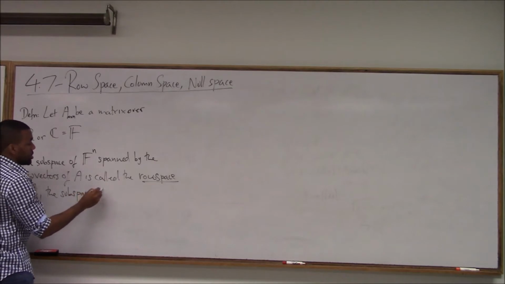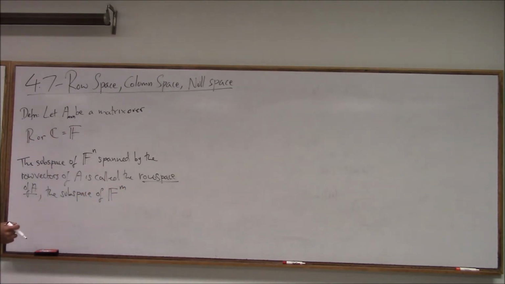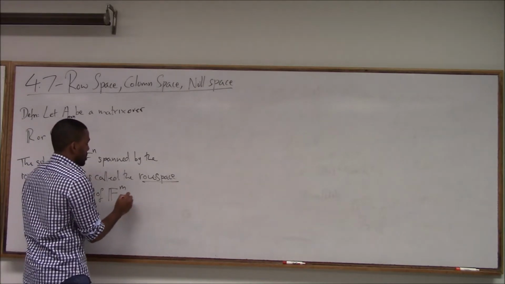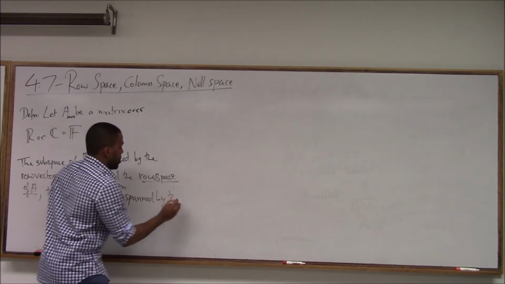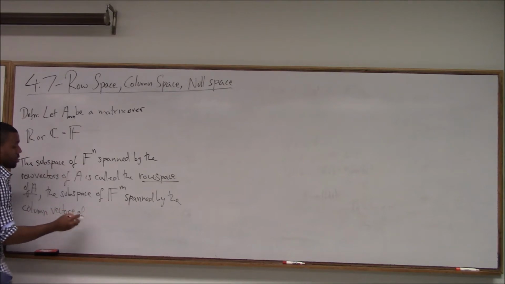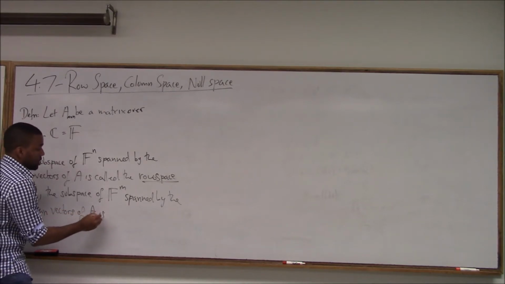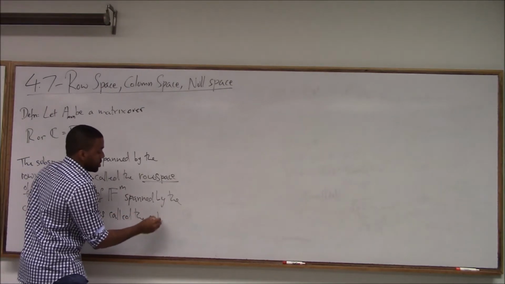The subspace of F^m spanned by the column vectors of A is called the column space.